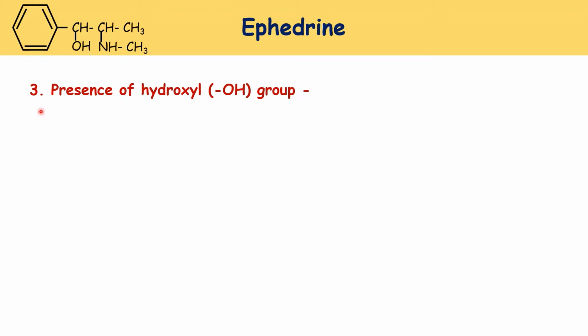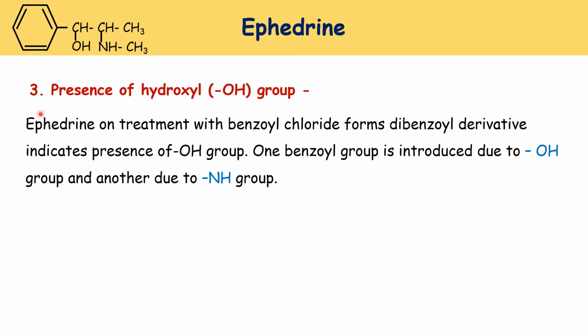Formation of the nitroso derivative indicates that ephedrine contains a secondary amino group. Then the next step is presence of hydroxyl group. Presence of hydroxyl group is determined by benzylation reaction. When ephedrine is treated with benzyl chloride, it forms a dibenzyl derivative. We already know that there is a secondary amino group. Therefore, the dibenzyl derivative is formed, one benzyl due to the OH group and another due to the NH group.